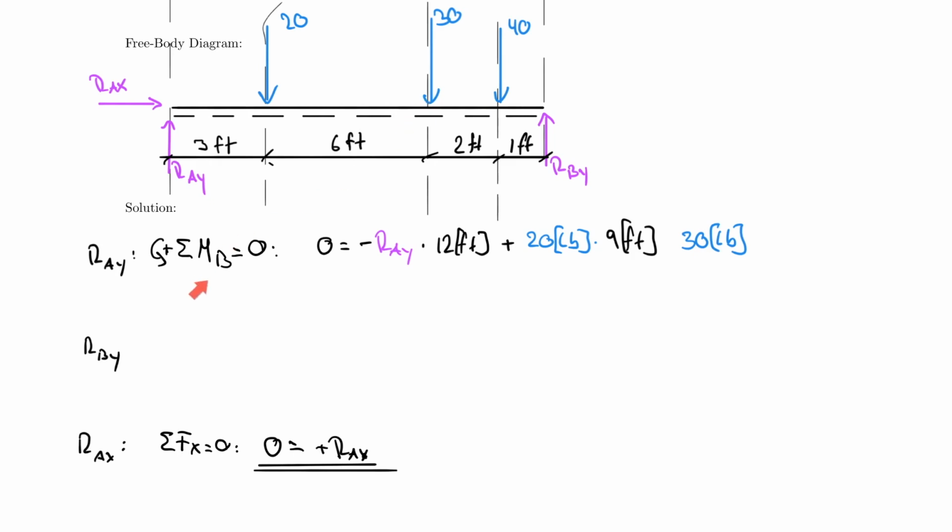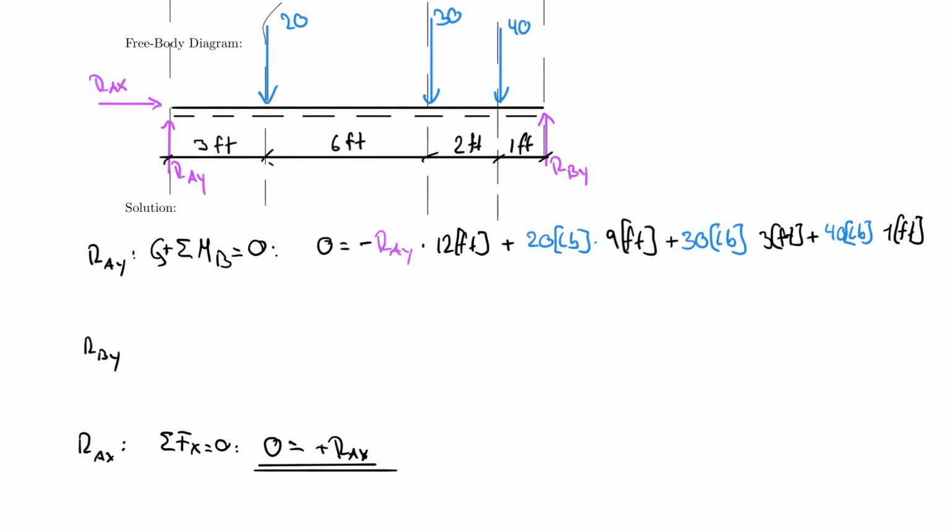From 30 to B, right? So which is here, that would be 3 feet. So I multiply that by 3 feet. And that is also counterclockwise, therefore it's positive. Last but not least, I have 40 pounds, which is no secret at this point, is also positive. And that has a lever arm of 1 foot.